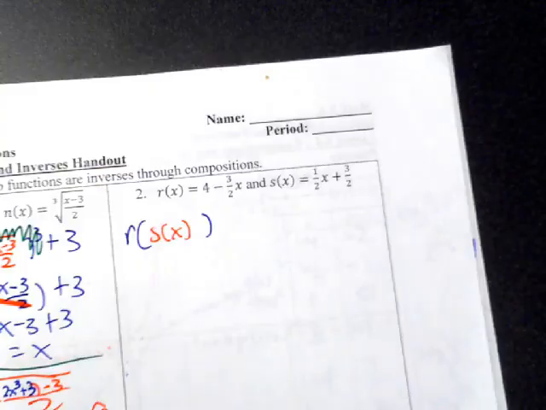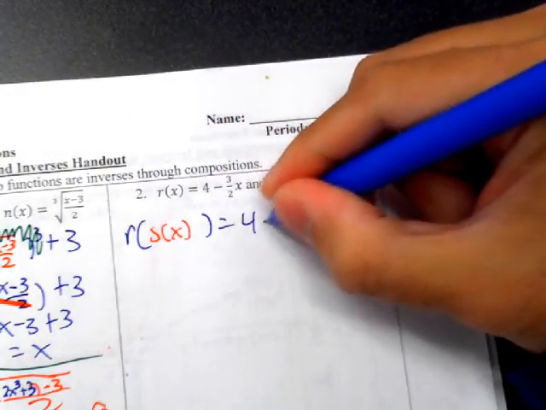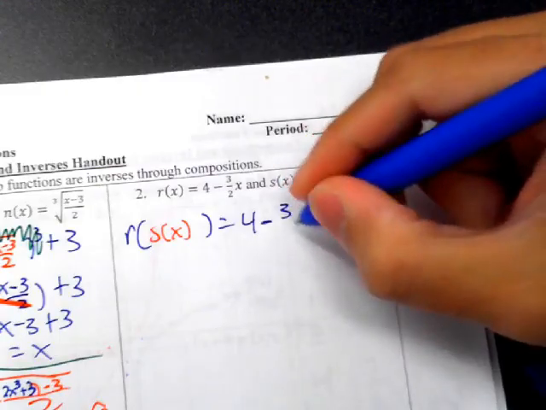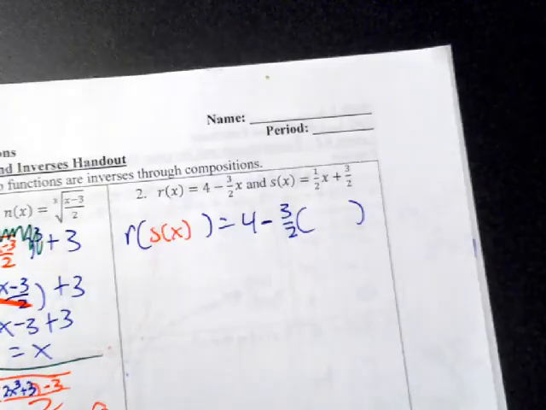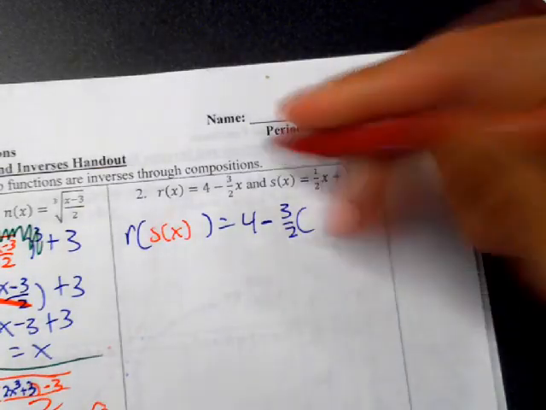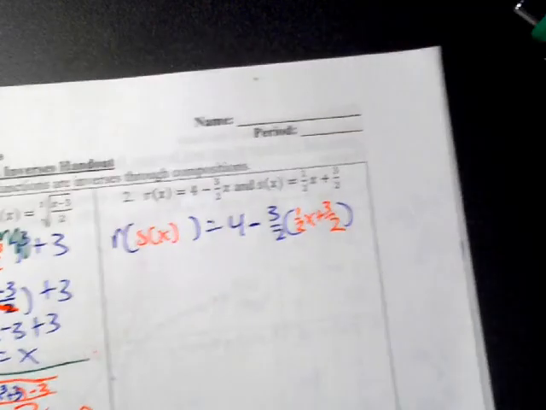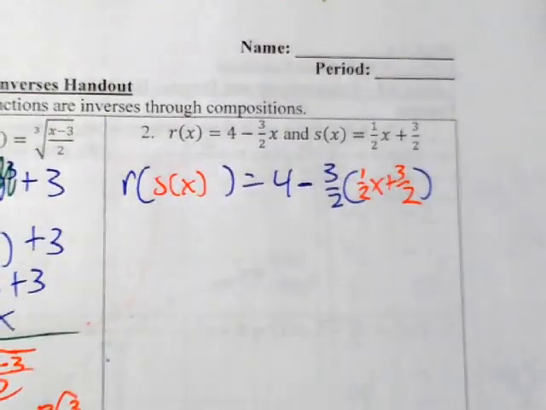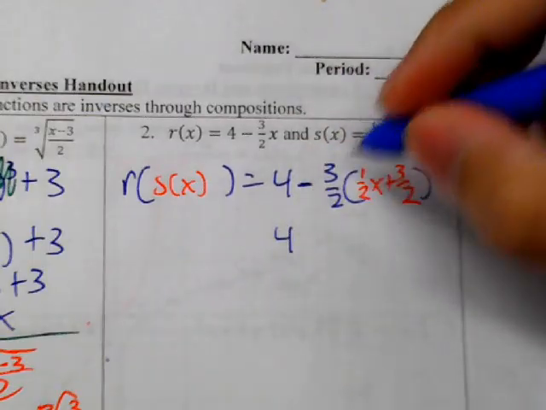Okay, I'll keep the 4 on the outside. And distribute negative 3/2 times 1/2 x would be negative 3/4 x. Negative 3/2 times positive 3/2 would be minus 9/4. 4 is equal to 4 over 1, which is equal to 36 over 4.